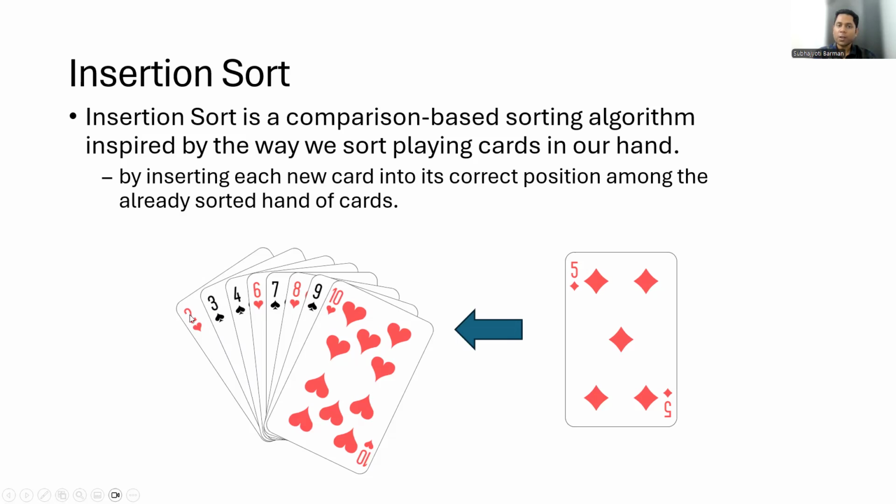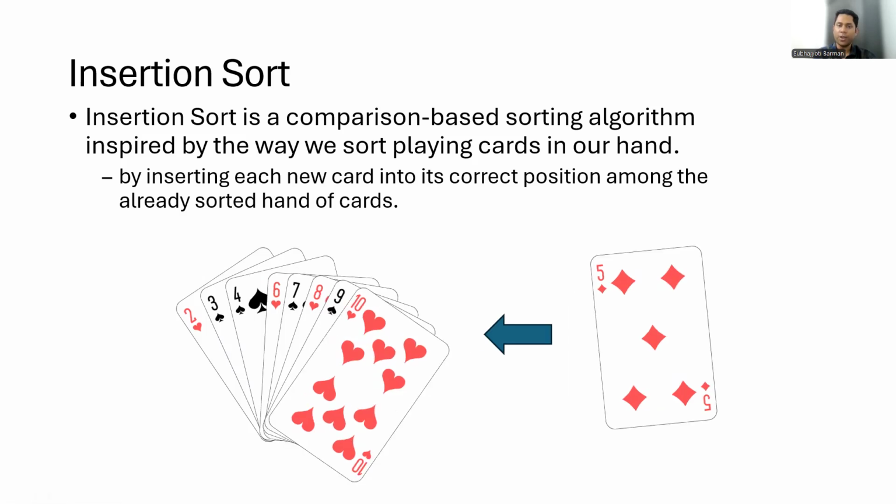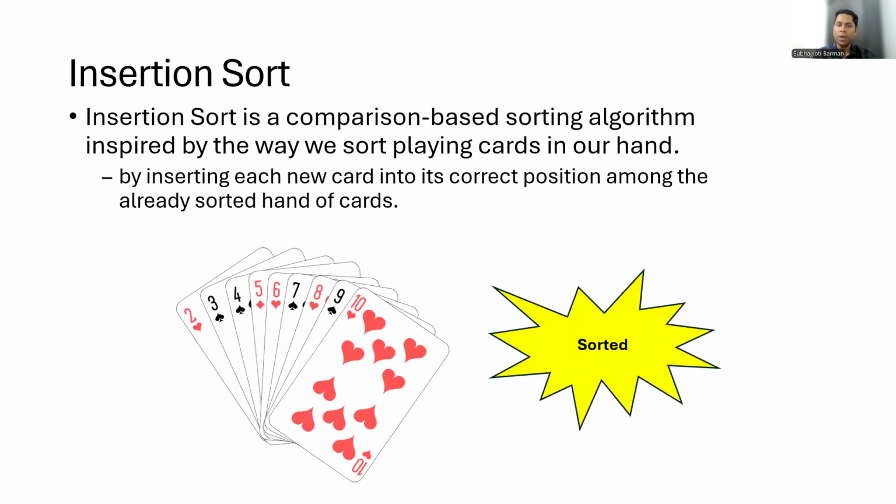So what do we have to do? We have to place this card 5 in between 4 and 6. So we should make some space in between 4 and 6, and then we can place this card in that position. In this way, we can maintain the sorted order.